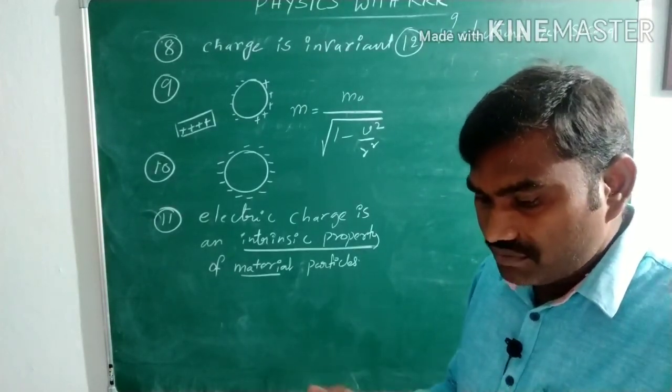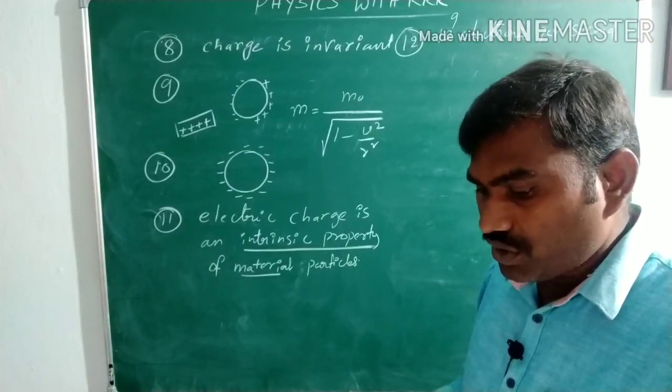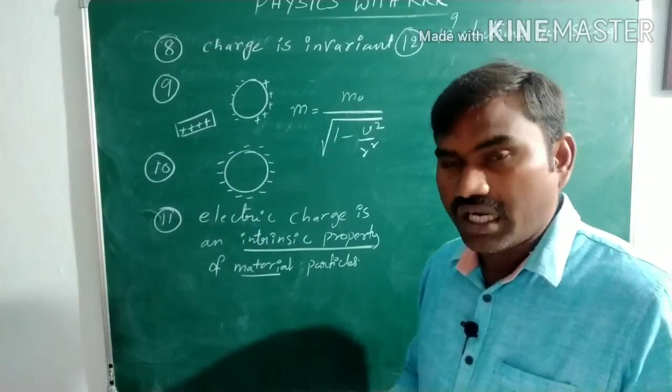How much time is required to get a total charge of 1 coulomb on the other body?